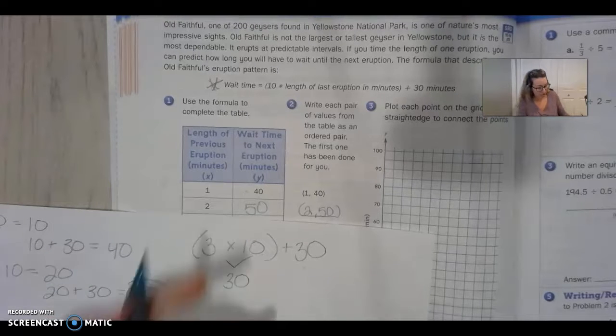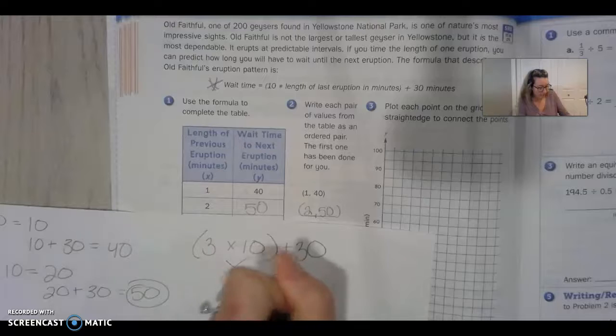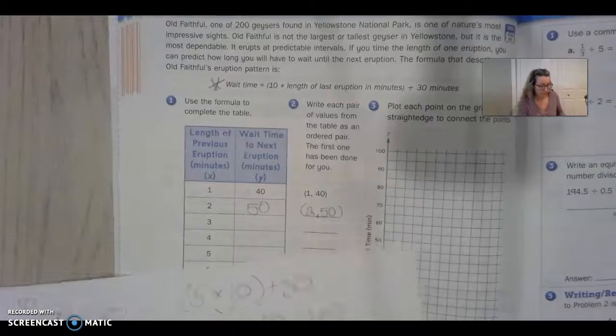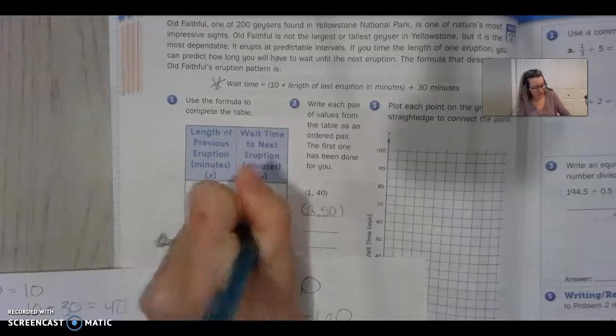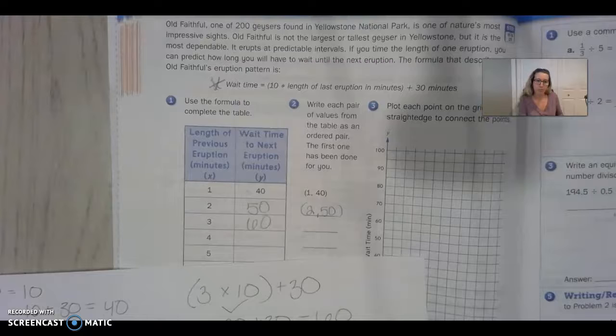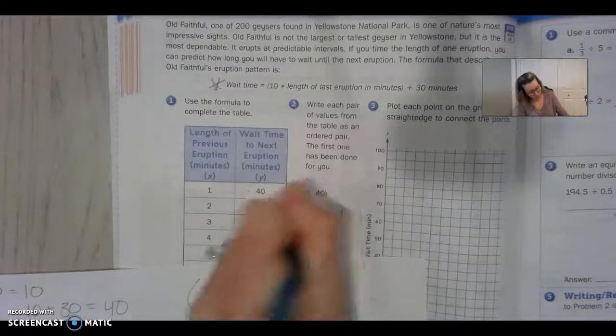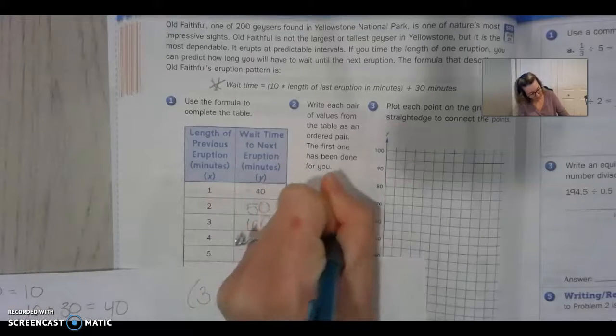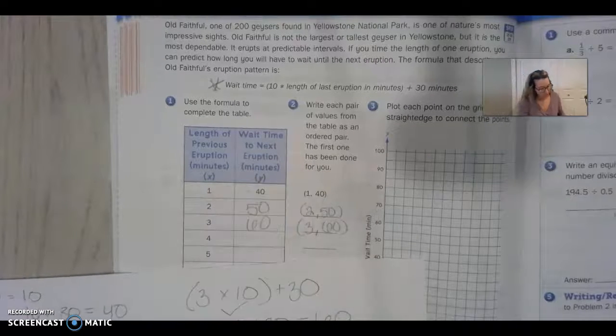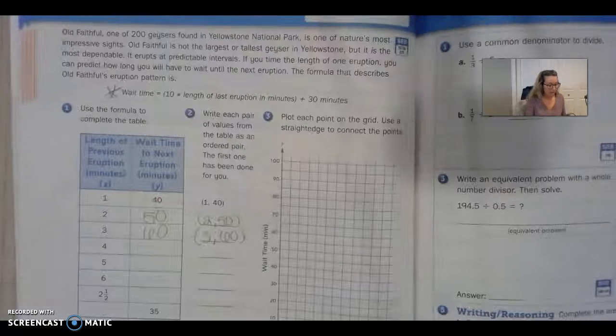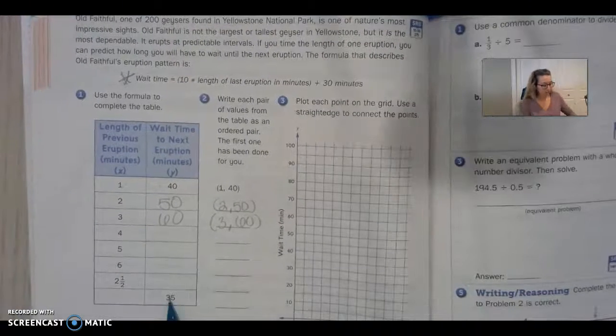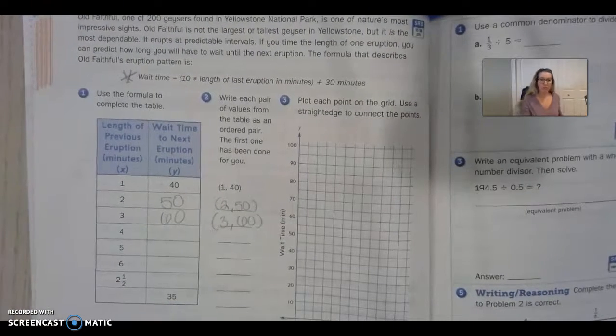I'm left with addition. 30 plus 30 is equal to 60 minutes. So I know that I have 60 minutes of wait time after this eruption. Okay, so my third ordered pair is going to be (3, 60).